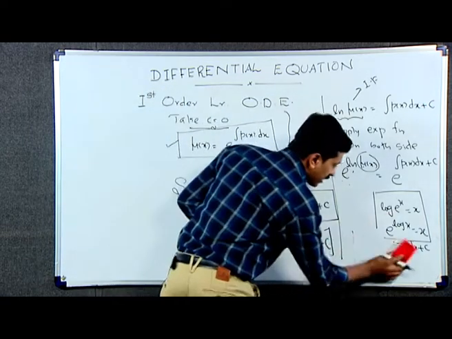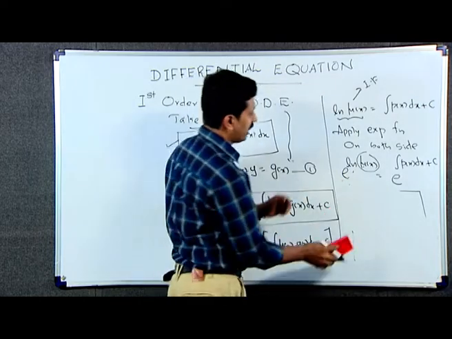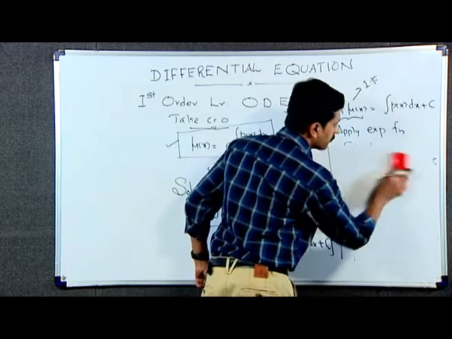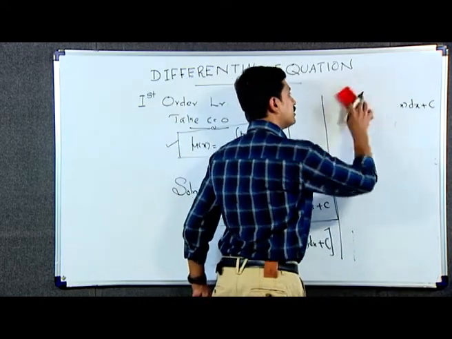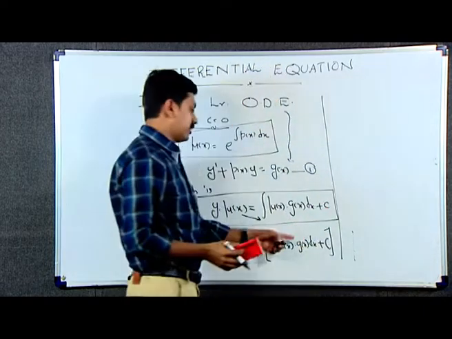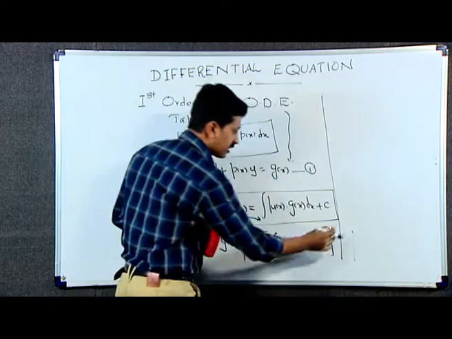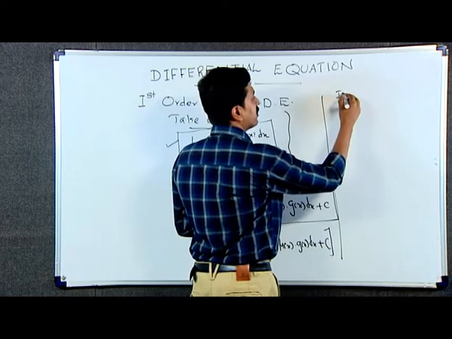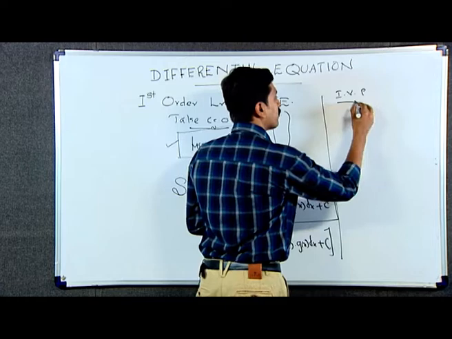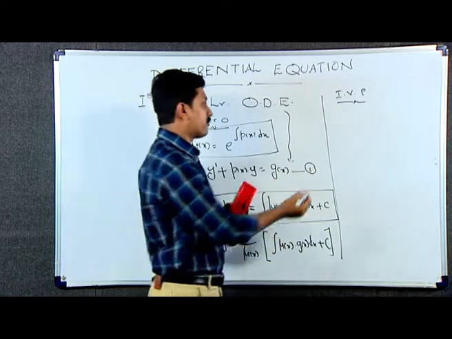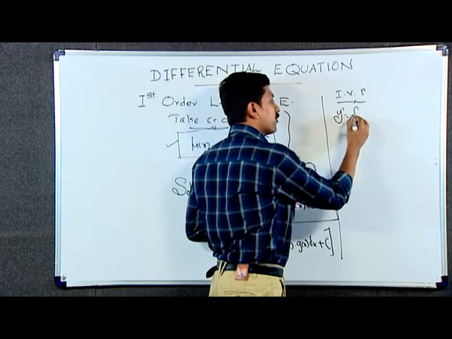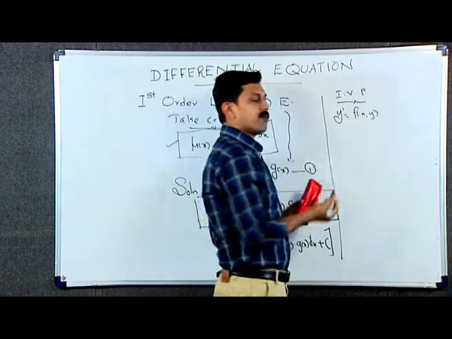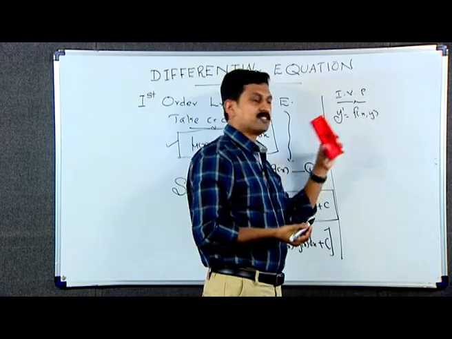The c is the constant of integration, the arbitrary constant. As in every solution of the first order ordinary linear differential equation, we may have an initial value problem. What is an initial value problem? y dash is equal to f of x, y is the general form of the first order differential equation.